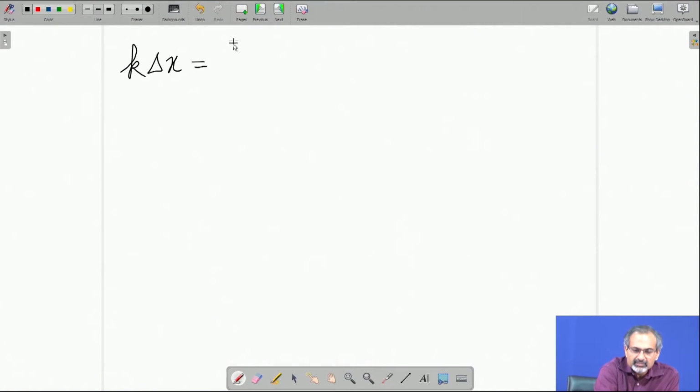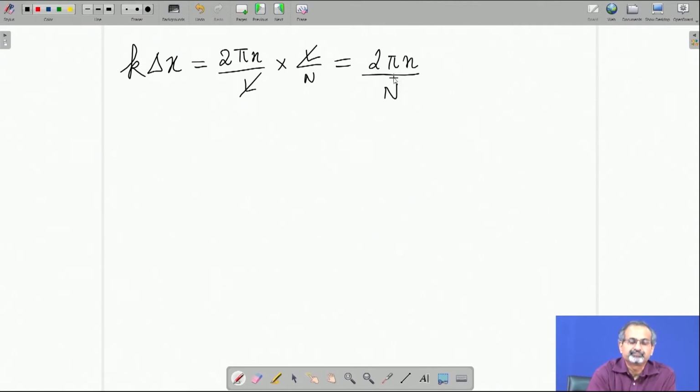So, let us try to substitute those expressions and try to work out what this k times delta x is all about. So, we find that it is nothing but 2 pi small n by capital N, and again n is anything of course in terms of integers varying from 0 to n by 2.